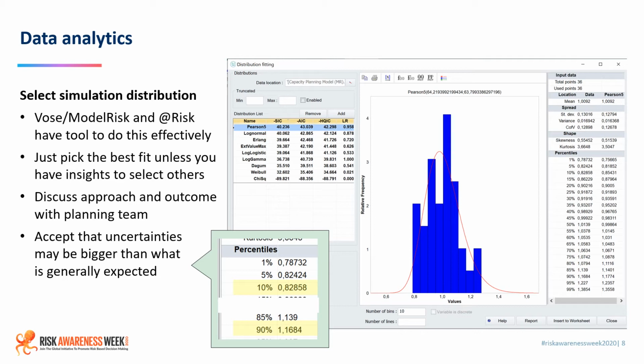So you have this plus minus 17% uncertainty. And that's a lot to plan for. But it gets even worse. I've seen fast-moving consumer goods where this was plus minus 30% on a single theme or a single product line. And that makes it absolutely necessary that we address this and we do this effectively.